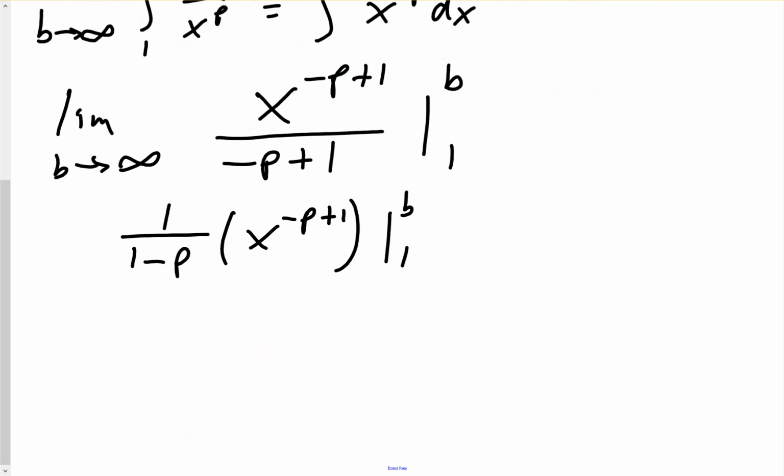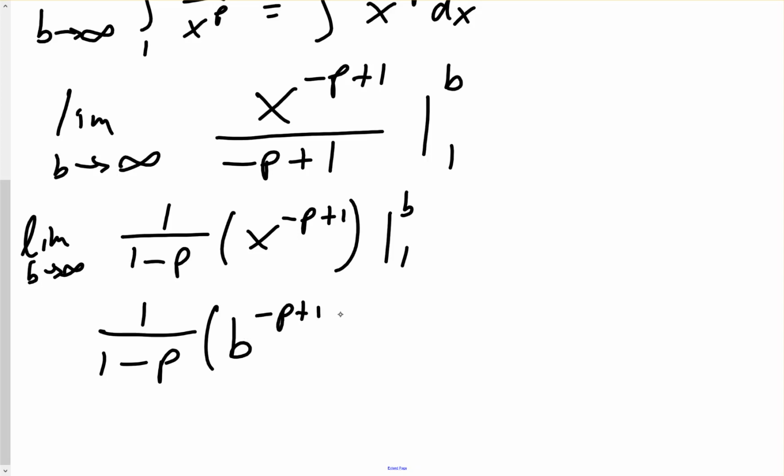Okay, so now we could evaluate. So we have 1 over 1 minus p, plug in the b for x. This will be b to the negative p plus 1, minus 1 to the negative p plus 1.